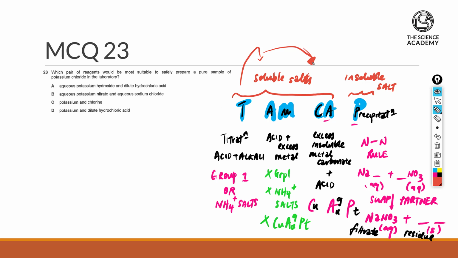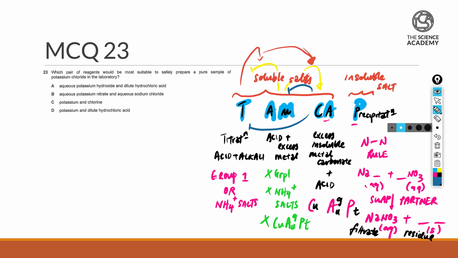But for salts that are only applicable to AM, you cannot use titration to create those salts, but you could attempt to use excess insoluble carbonate plus acid. But for salts that have to be created using excess insoluble metal carbonate, it is the only method that is viable to be used. It cannot be done using acid plus excess metal, neither can it be done by using a titration process.